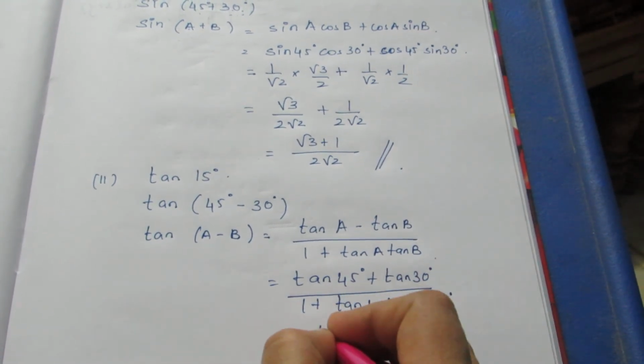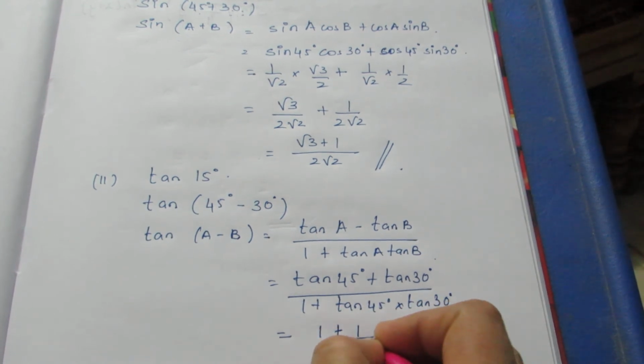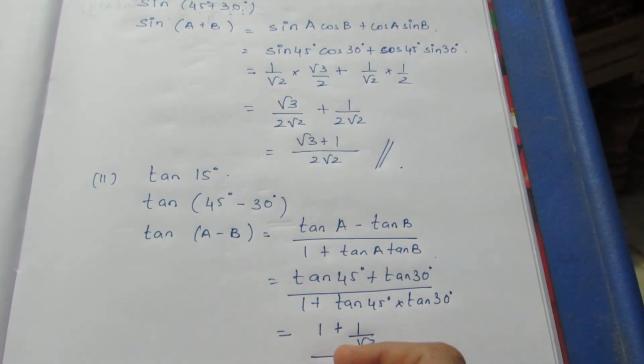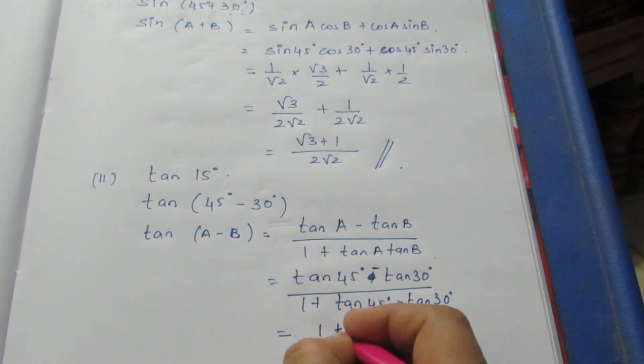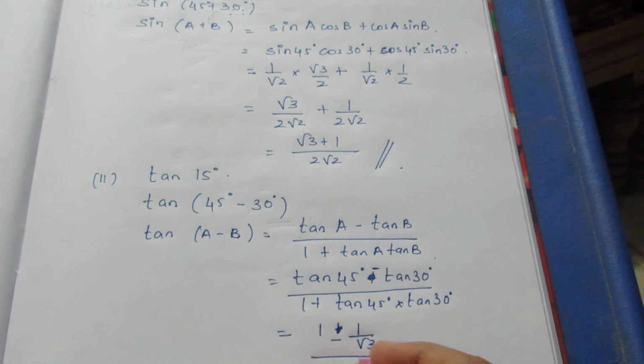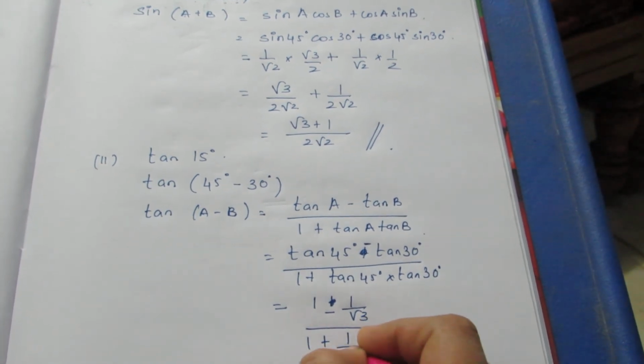This becomes 1 minus 1 by root 3 by 1 plus 1 into 1 by root 3.